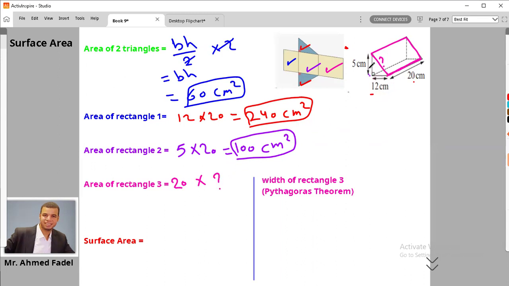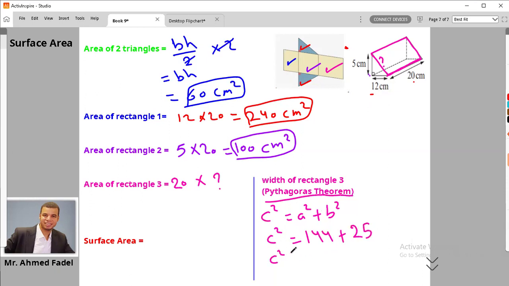Well, if you notice that this is a right-angled triangle, you need to use your knowledge about the Pythagoras theorem. So I need to use the Pythagoras theorem here in order to find the length of this side from this triangle. I'm going to use the rule c squared equals a squared plus b squared. So c squared, the hypotenuse that we need to find over here, equals 12 squared, which is 144, plus b squared, which is 25.